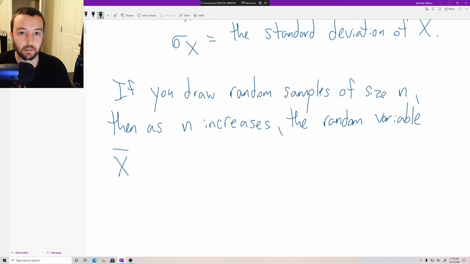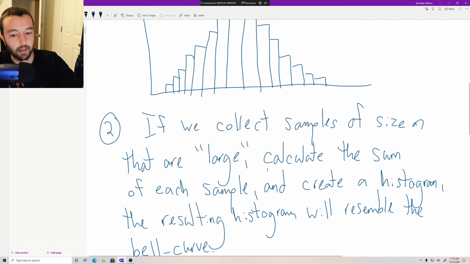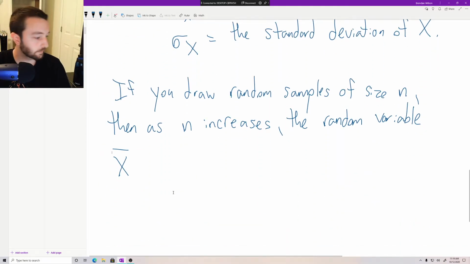So big X bar is the sum of all of the sample means. So we're kind of taking the first and second thing we had here, the sum of the samples and the mean of the samples, and combining them into one statement.